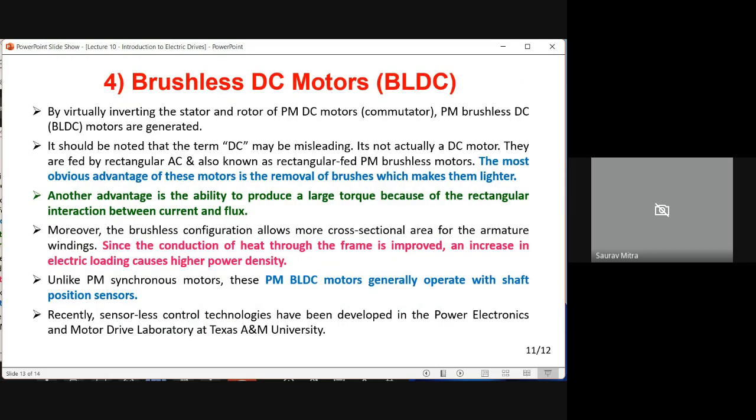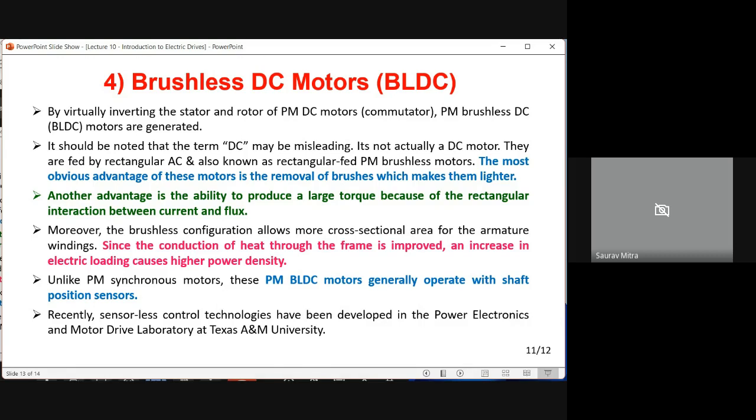Now we are coming to the type of motor which is mainly used very heavily nowadays for our EV application. By virtually inverting the stator and rotor: generally the stator is static and the rotor is rotating. But in the case of the brushless DC motor, wherever we are giving supply is not rotating, that is static.